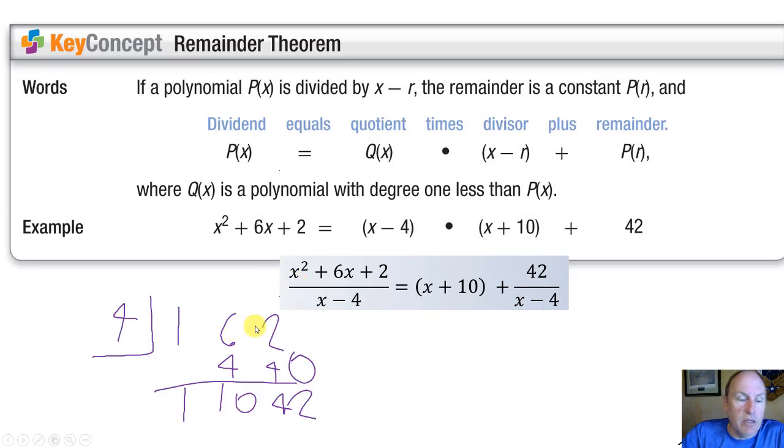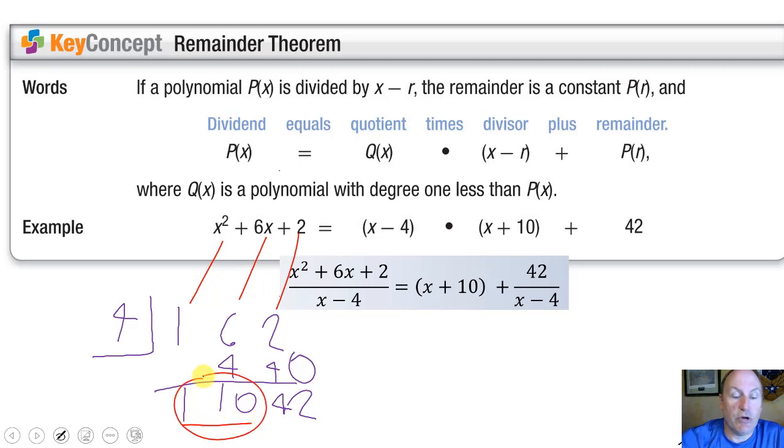Here I've divided this polynomial, x squared plus 6x plus 2, and of course that's a separate screencast on synthetic division. When I use synthetic division, I get x plus 10, which is these two terms here, plus a remainder of 42.